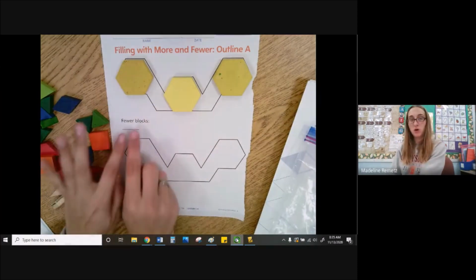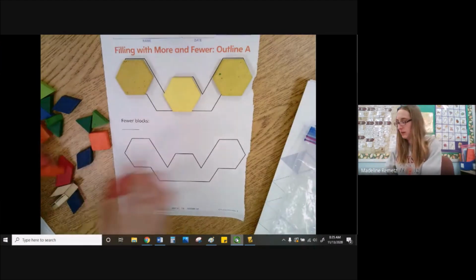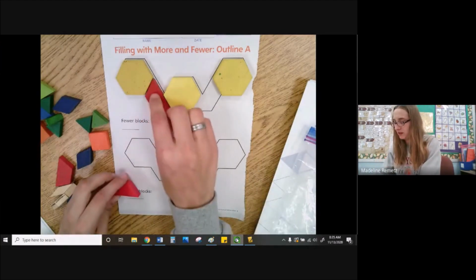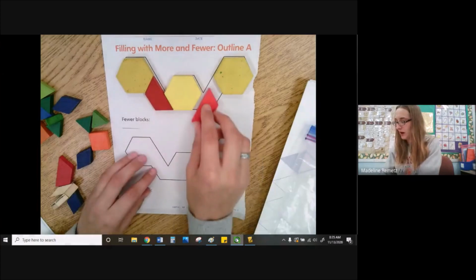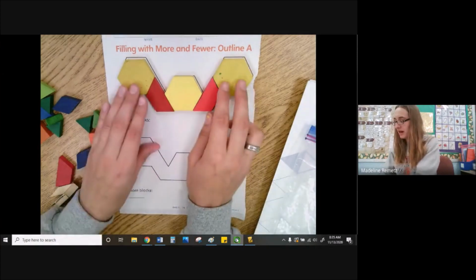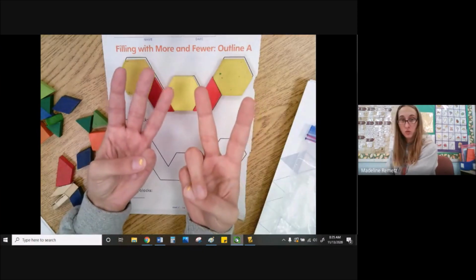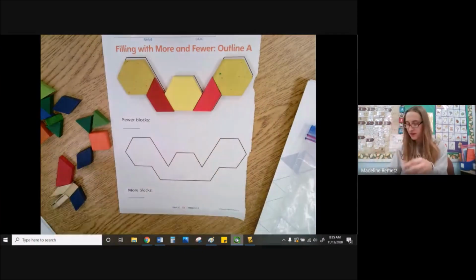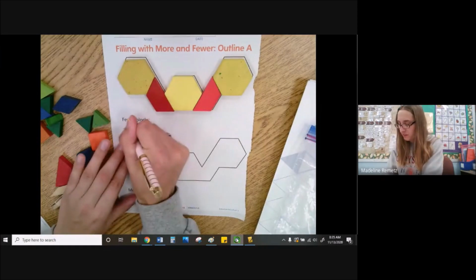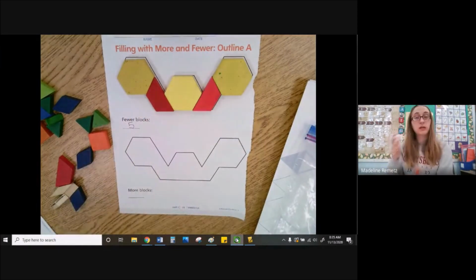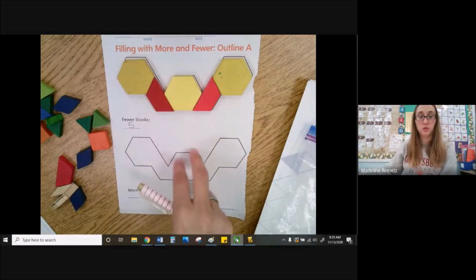But I want to use a small amount of blocks. So I'm going to use a big shape that can fit in and fill this space up, the trapezoid. So I have 3 hexagons plus 2 trapezoids equals 1, 2, 3, 4, 5. I've used 5 blocks. So I've used a fewer amount of blocks than I'll use here.